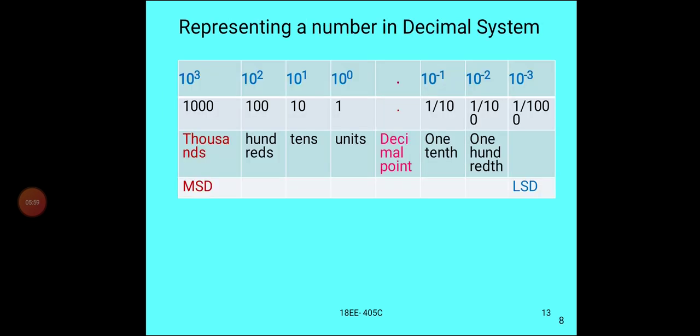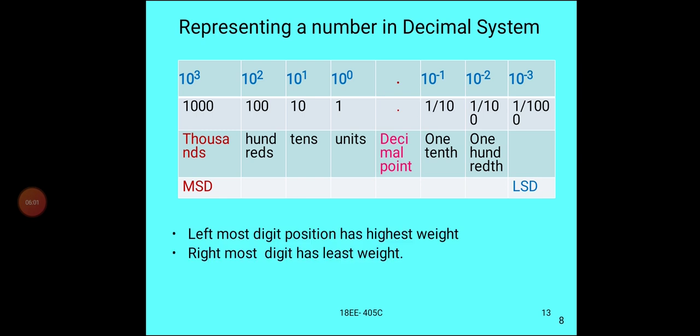Representing a number in the decimal system, the leftmost digit position has the highest weight, 10 to the power 3. The rightmost digit has the lowest weight, 10 to the minus 3.